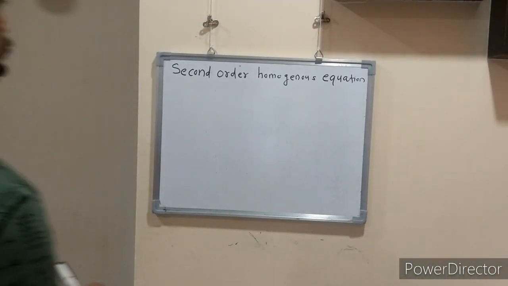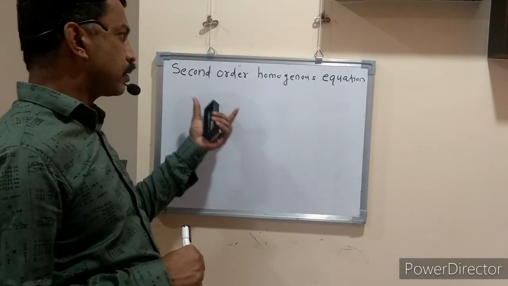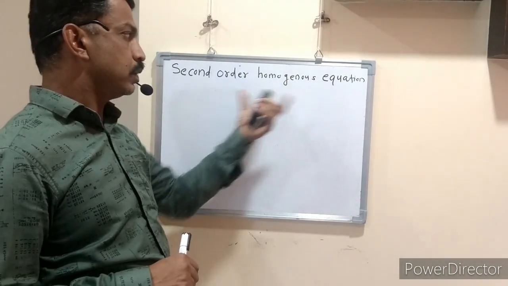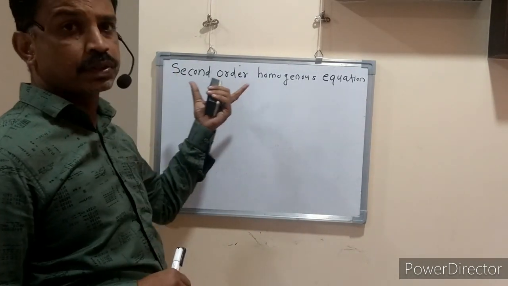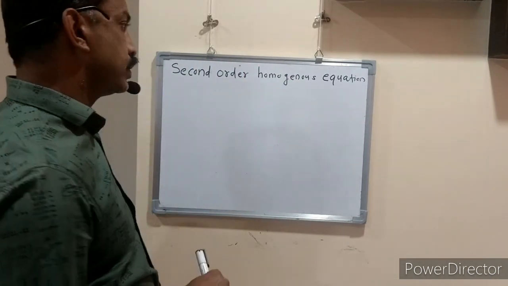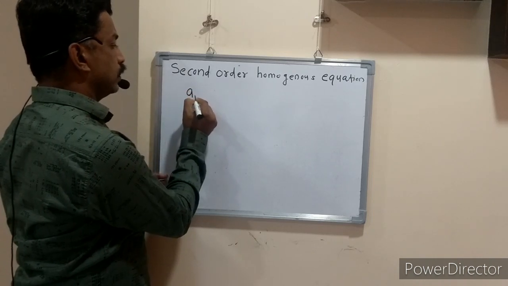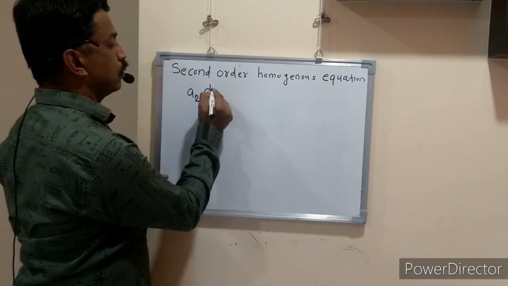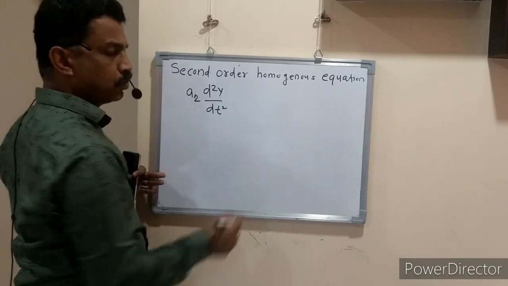Hello friends, now we see the second order homogeneous equation. Just like the first order homogeneous equation, in this equation also the dependent term is present everywhere, and it is second order because the highest derivative is 2. Now we take a simple form of the second order equation: a2 d2y by dt square, or dx square, no problem.